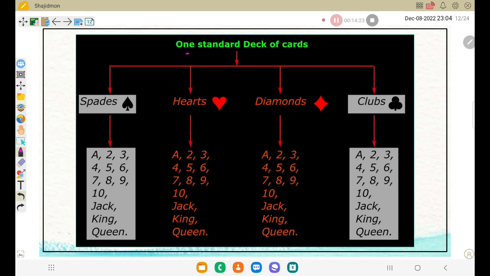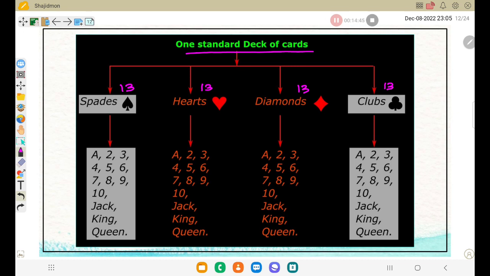One standard deck of cards. There are spade card, heart card, diamond card, club card. Each symbol you can see is given there. Spade, heart, diamond and club. So spade we have 13 options, heart we have 13, diamond we have 13, club we have 13.